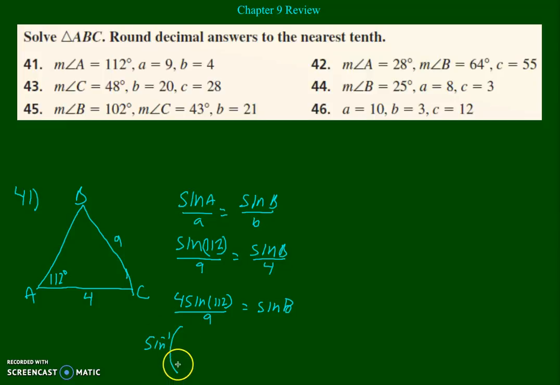So arcsine of 4 sine 112 over 9 equals B, because I took the arcsine of both sides. These cancel each other out to give us B, and here we have that.